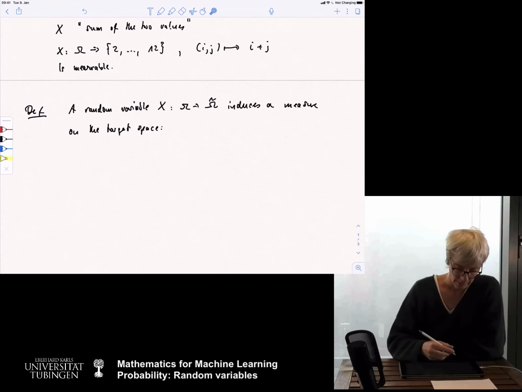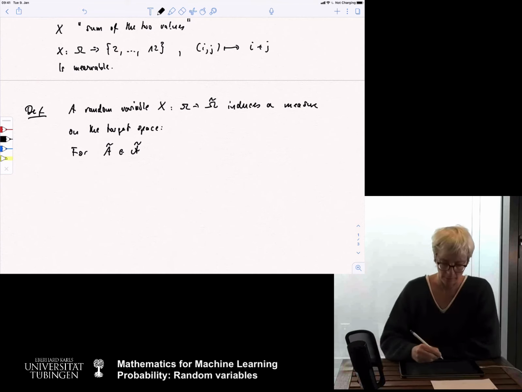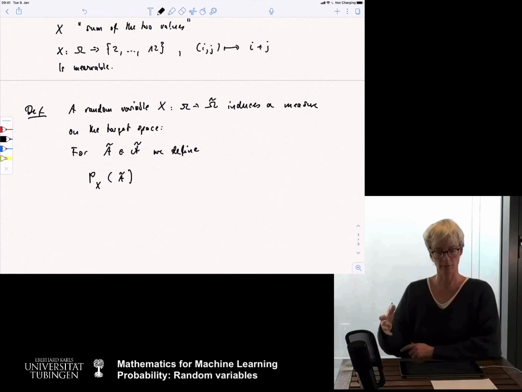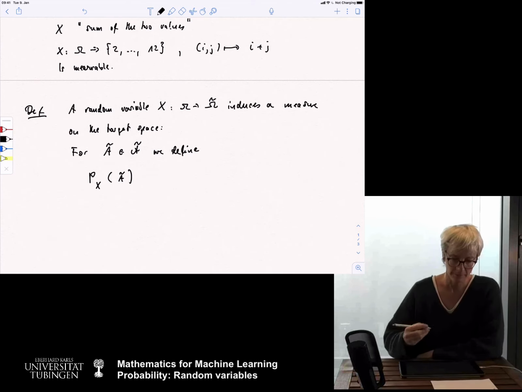So we define, for A tilde in the sigma algebra A tilde on the target space, and this is now often denoted as P sub x of A tilde, so the probability measure of A tilde under this random variable x.